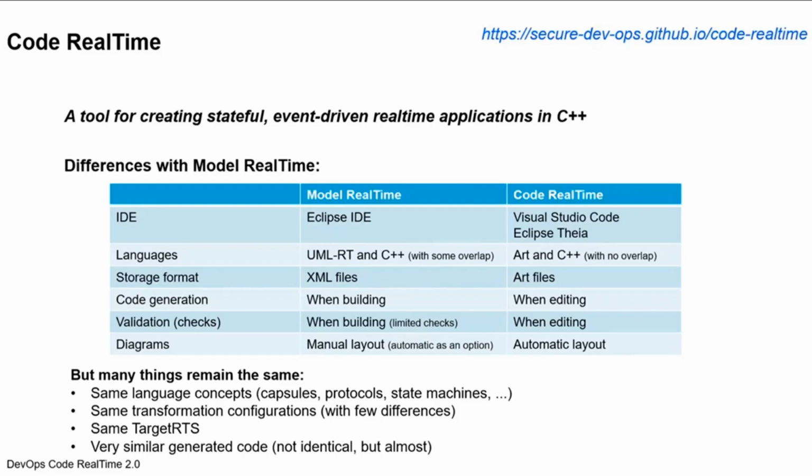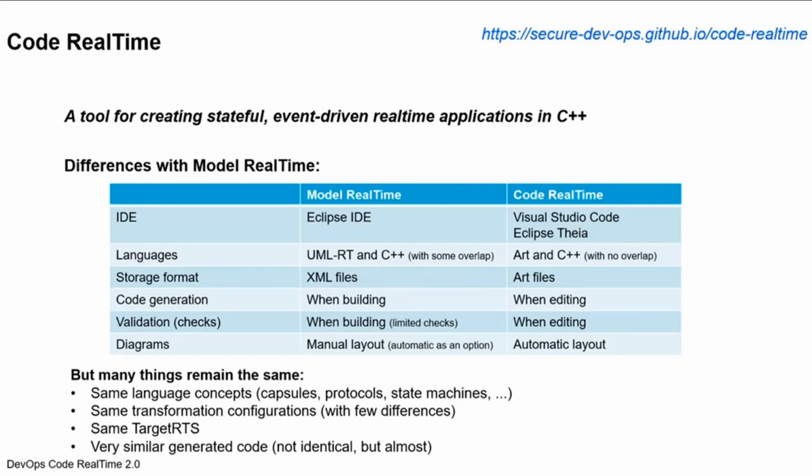For example, if you're going to create a class, you can do that either in C++ or you can do it in UML. In Art, there is no such overlap. We have removed such things from the language, and it means that Art is a significantly smaller language than UML RealTime and only contains those concepts that don't exist in C++.